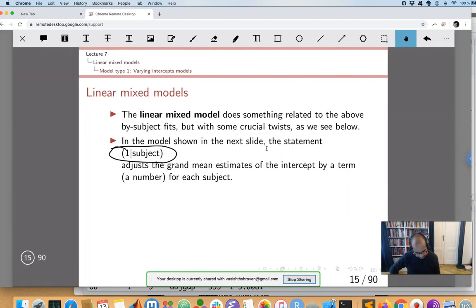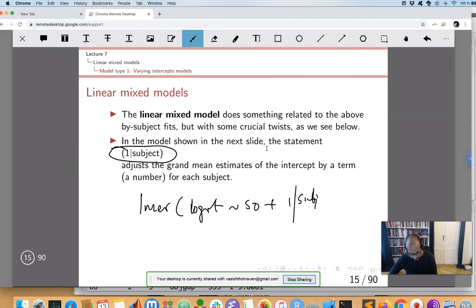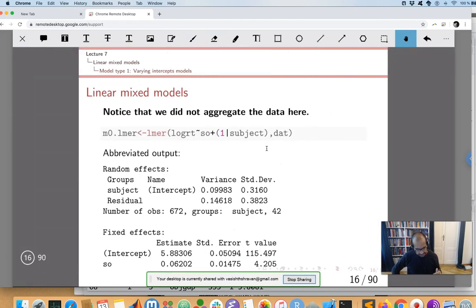Right now our goal is to understand, in the lmer function, what it means to have log RT as the dependent variable, SO as the predictor, and one vertical bar subject. What does this piece of code actually mean?